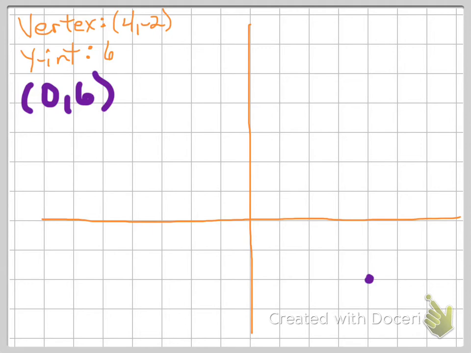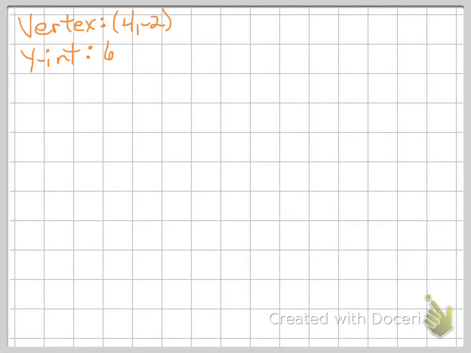So 0, 1, 2, 3, 4, 5, 6. And that's still not going to give me enough room. Okay, let's undo all that.